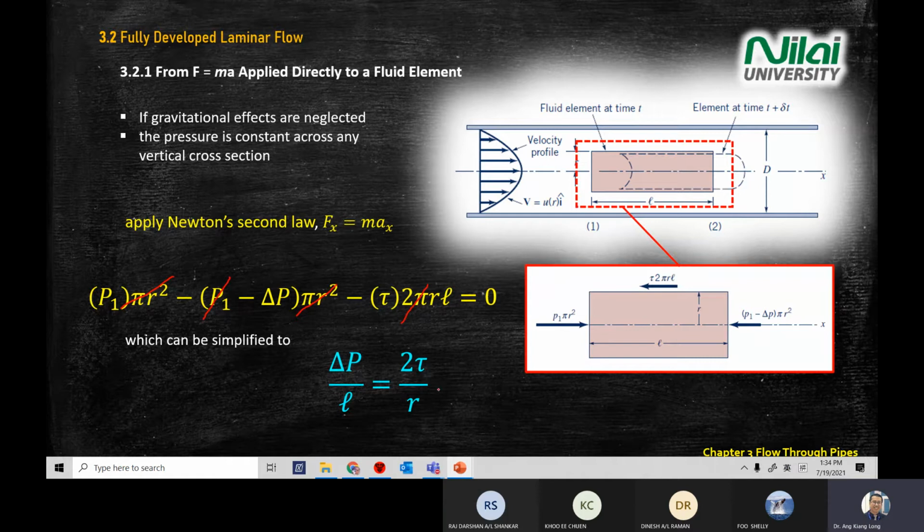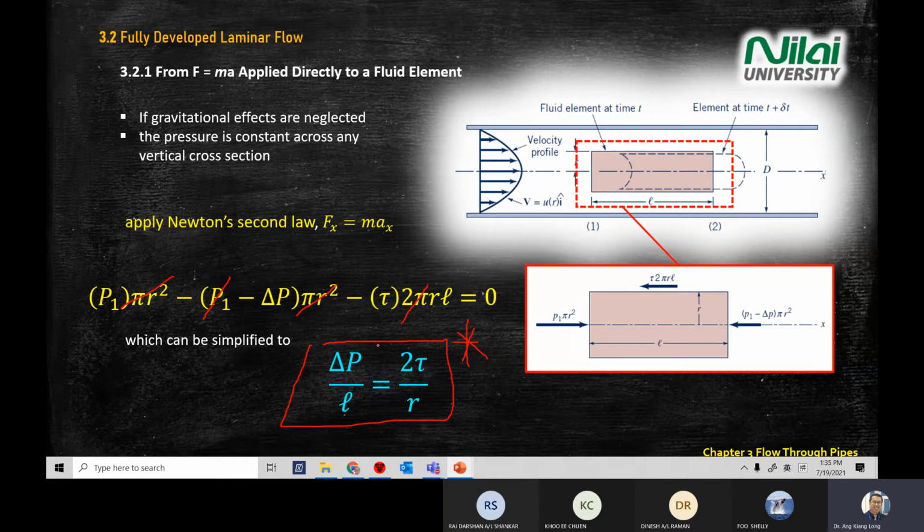You rearrange the equation, you get this one. This is useful information when you solve flow inside the pipe. The change of pressure divided by length equal to 2 stress divided by R.